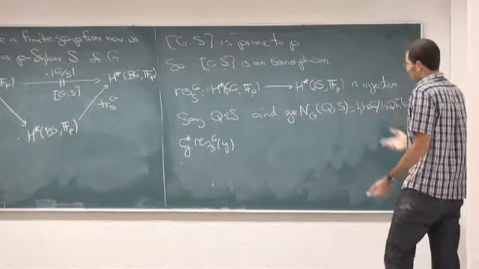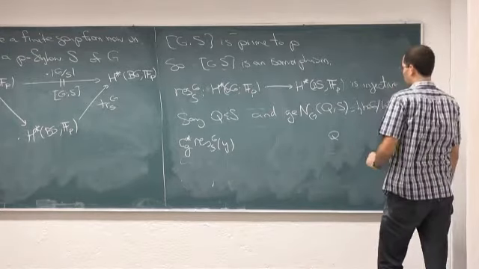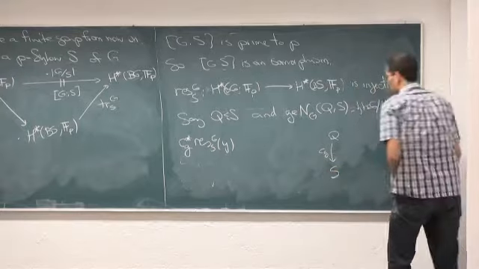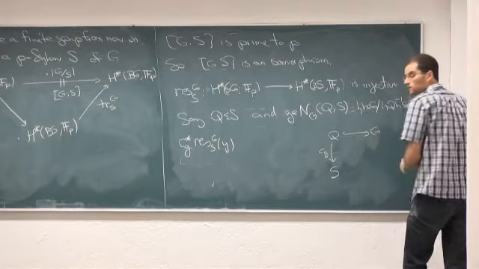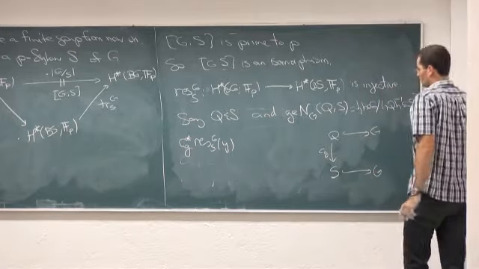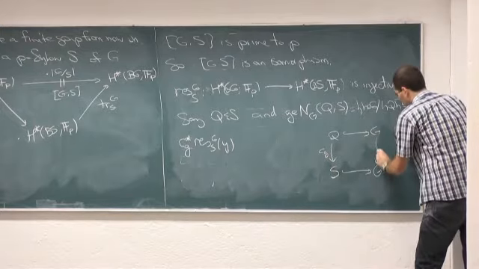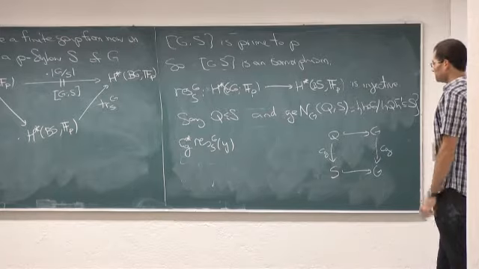Now, one thing about this conjugation, we can see it the following way. We have Q, we have the conjugation, we also have the inclusion of Q into G, and the inclusion of S into G, because this conjugation extends to the whole group. It's just the same c_g, right?